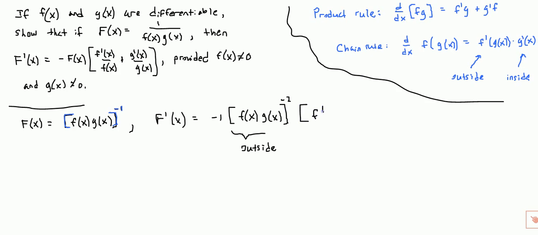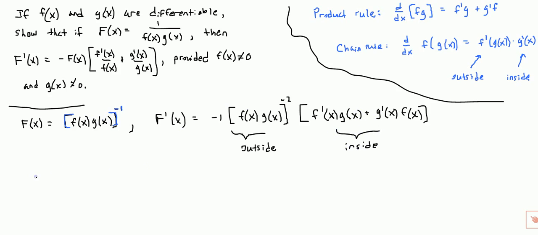So that's f prime of x times g of x plus g prime of x times f of x. This is the inside. So that completes the chain rule, right? To complete the chain rule, we had to use the product rule for the inside portion.